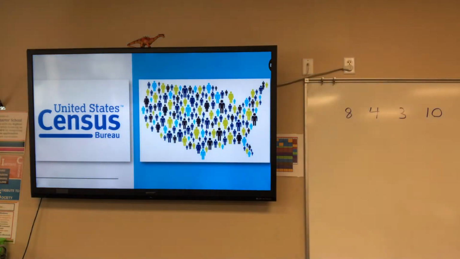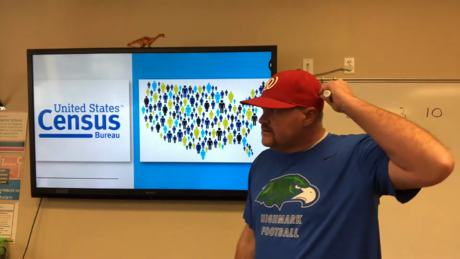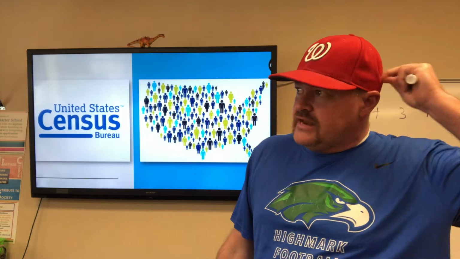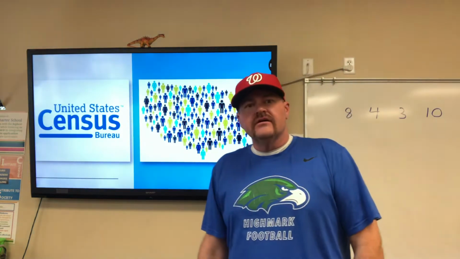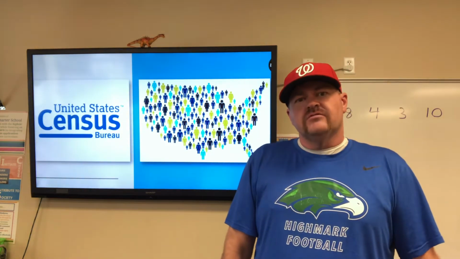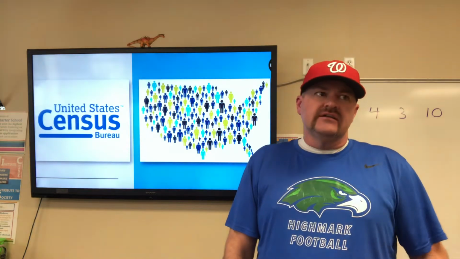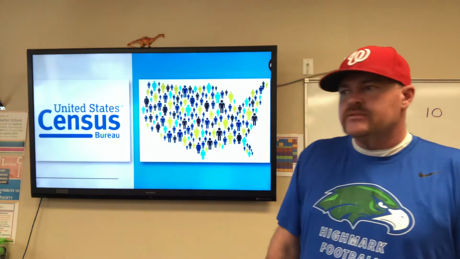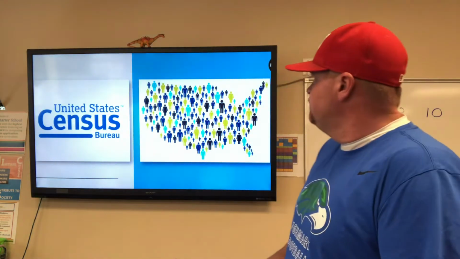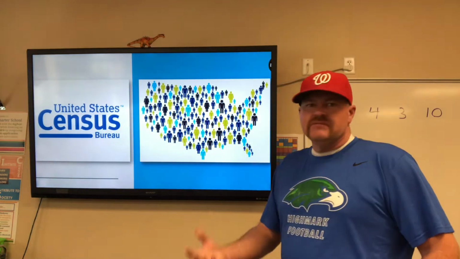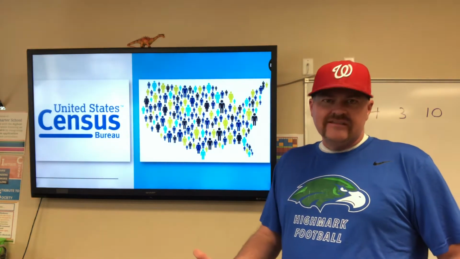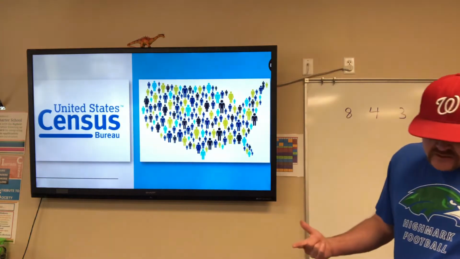Many of you have probably heard of the United States Census. In the year 2020, the United States government is performing the 2020 census right now. It's something they do about every 10 years, and basically it's to find out some information about the population that's living in an area.